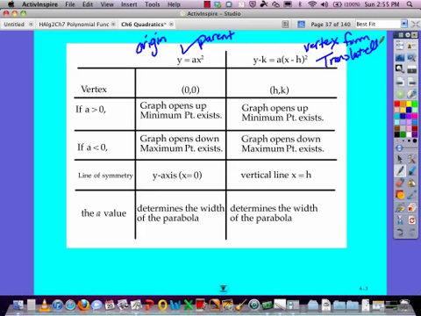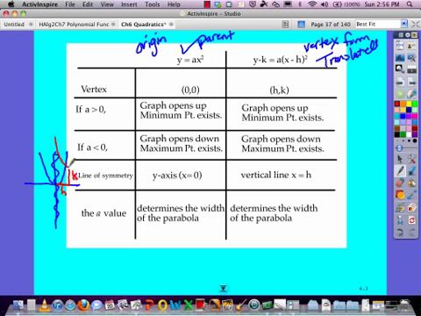Nothing changes over there because a is still a. If a is less than 0, it opens down, maximum point. Same on both. Line of symmetry: this one started out as the y-axis because it's right at the origin, and the y-axis becomes our line of symmetry. As soon as you take a parabola and move it h units, let's say to the right, and k units up, we're over h and we're up k.